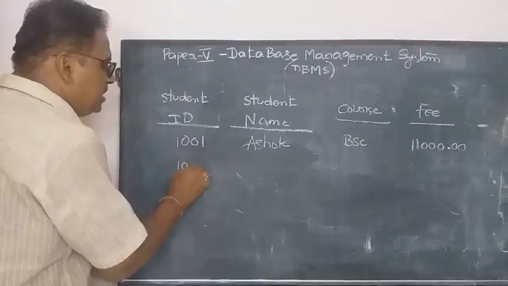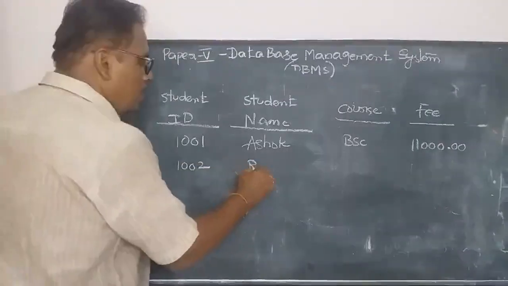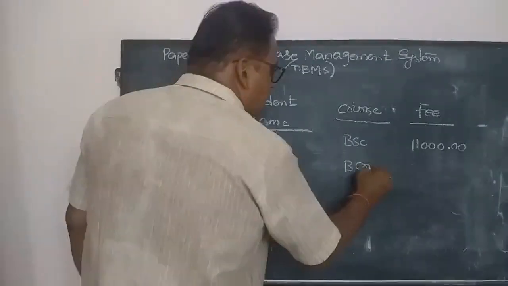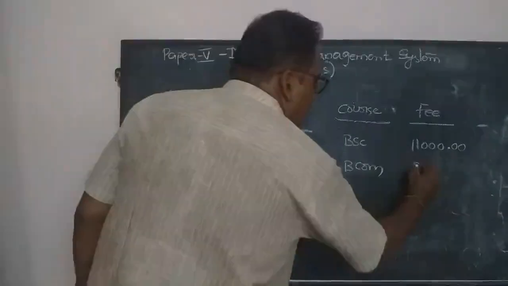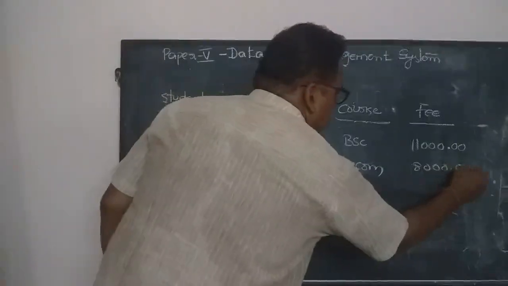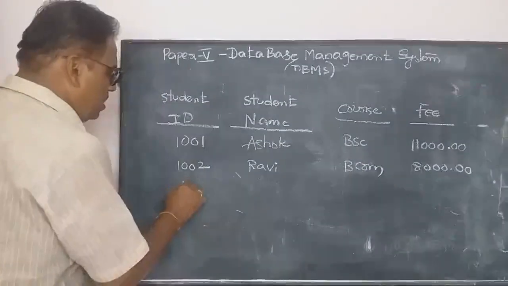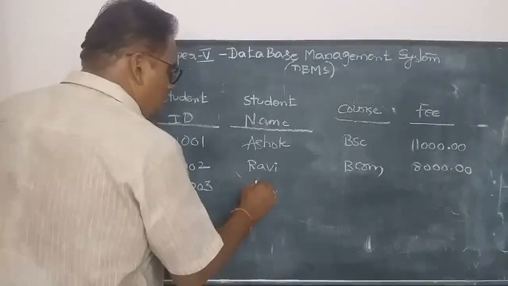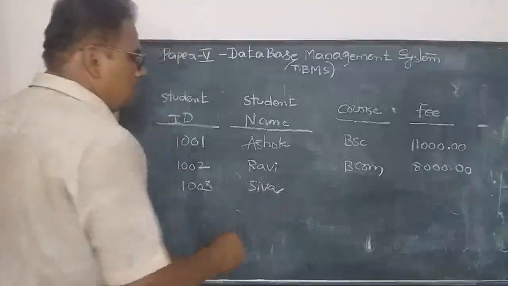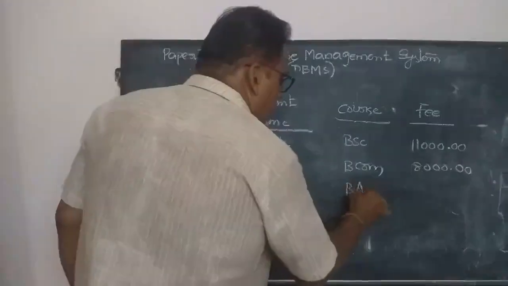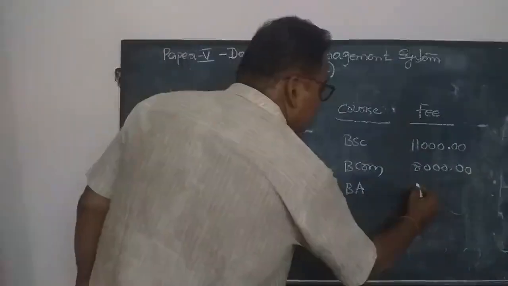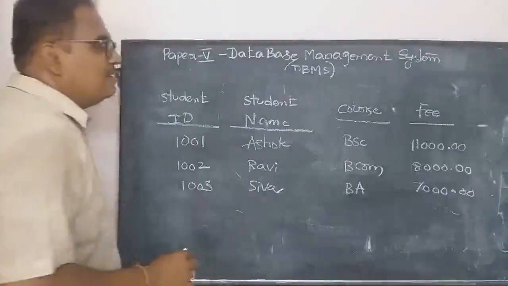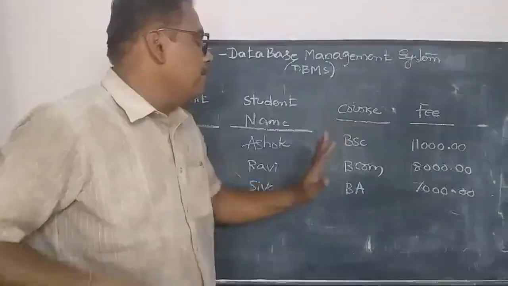Now, 1002 Ravi, he is BCom, and he paid 8,000 rupees as tuition fee. Next, 1003 Siva, he is BA course, and he paid 7,000 as tuition fee.